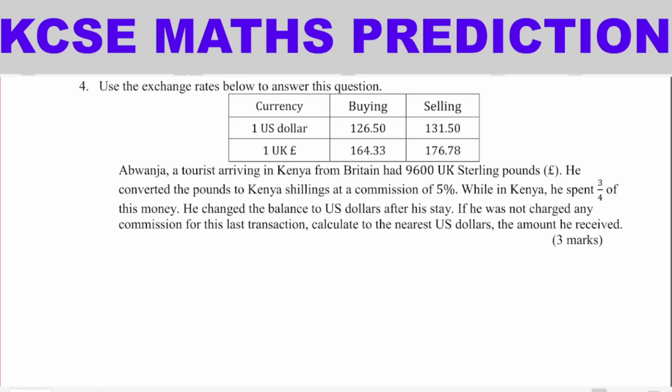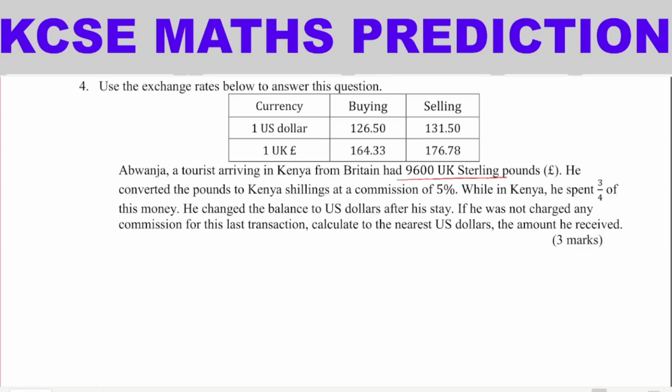So we're going to begin by converting this amount, that is 9,600 UK sterling pounds, to Kenyan shillings. That is the first thing we're going to do. And which column are we going to use to do that? Look at 1 UK pound, buying and selling, buys at 164 and 3 cents, sells at 176.78.